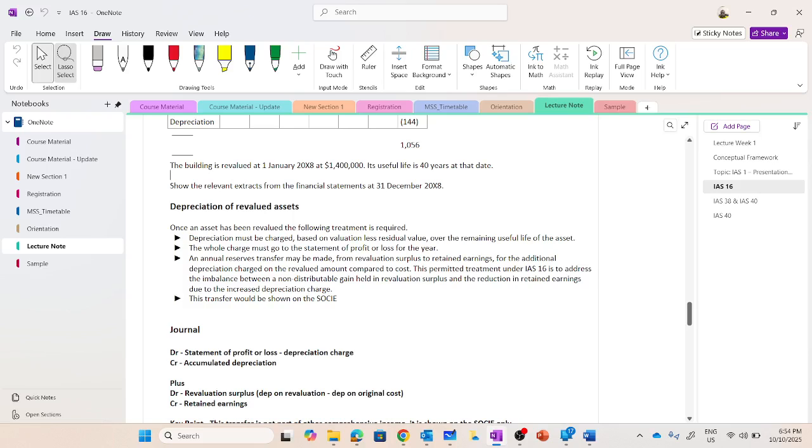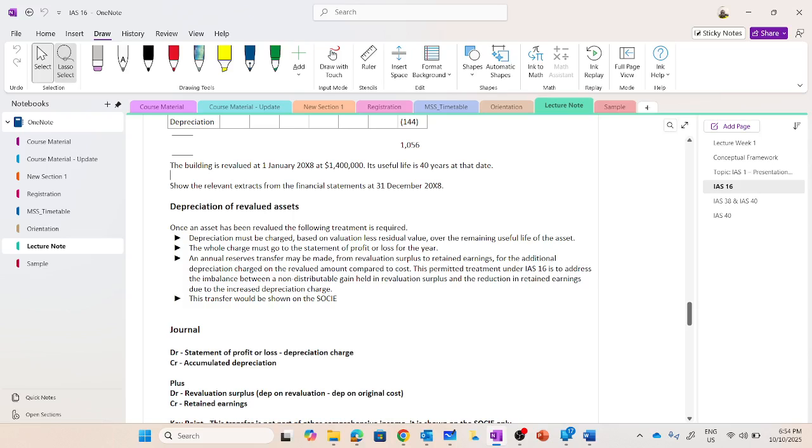Any annual reserve transfer may be made from revaluation surplus to retained earnings for the additional depreciation charge on the revalued amount compared to cost. Now, we are going to look at this separately when we are talking about excess depreciation. Let's take a look at the question that we solved a few minutes ago.